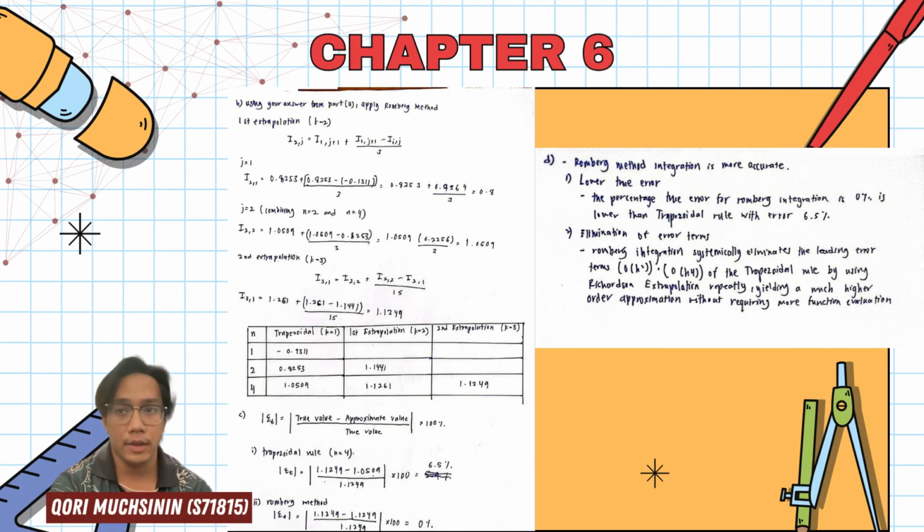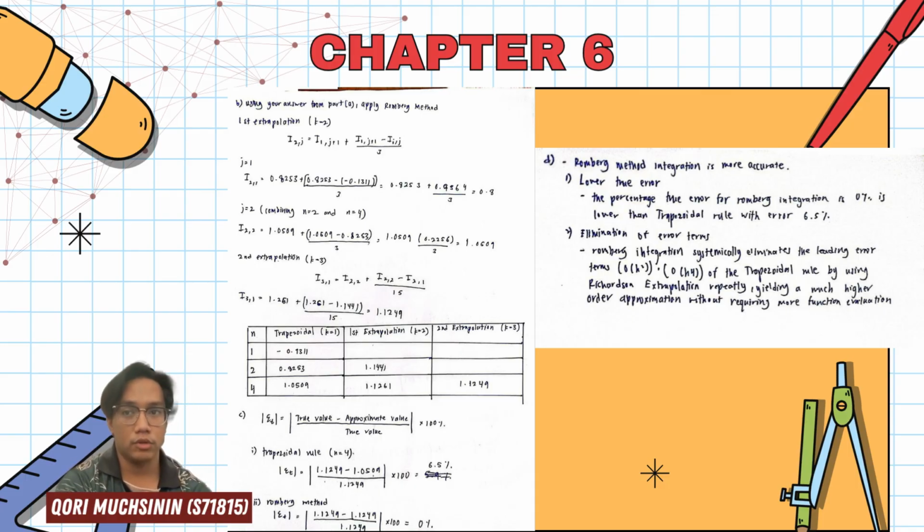While the trapezoidal rule gives us a great foundation, we can achieve vastly superior accuracy without calculating extra data points. We do this by constructing a Romberg integration table using Richardson extrapolation. By combining our n equal to 1 and n equal to 2 columns, our first extrapolation gives us 1.1441.